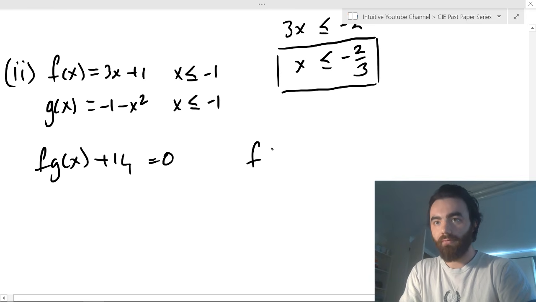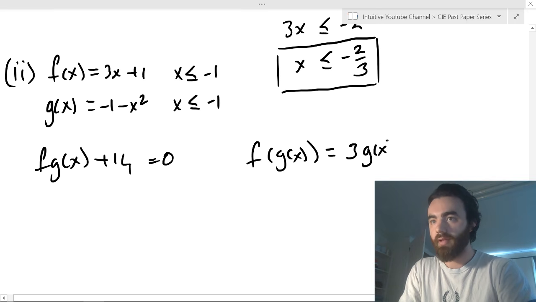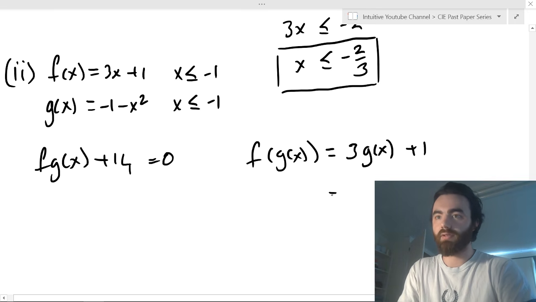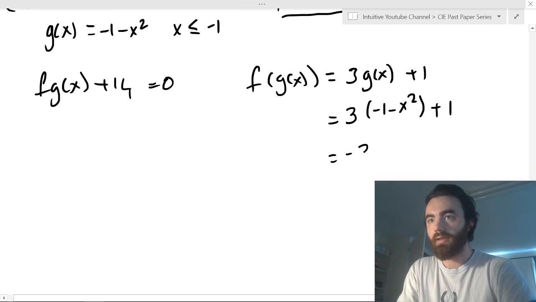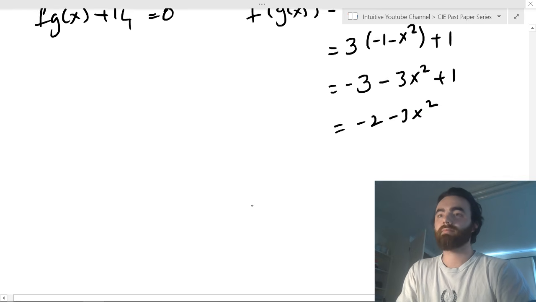Well, f of g of x: if we put g of x into f of x, we get 3 g of x plus 1, which equals 3 times (minus 1 minus x squared) plus 1. So it gives us minus 3 minus 3x squared plus 1, which gives us minus 2 minus 3x squared.